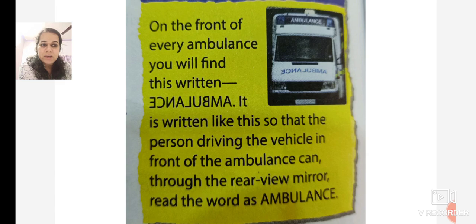If you are ahead of the ambulance, how will you see it? You cannot turn backside when you are driving, but you can see the vehicles that are coming behind you in the mirror of the vehicle. So when you see the ambulance, which is written opposite, in the mirror, you see it written straight.